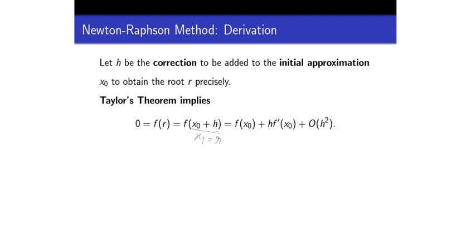f of x1 is f of x0 plus h, and if you expand it using Taylor's theorem about the point x0, the first term is f of x0, plus h by 1 factorial times f dash of x0. The last term here is h square by 2 factorial times the second derivative at z, where z lies between x0 and x0 plus h.